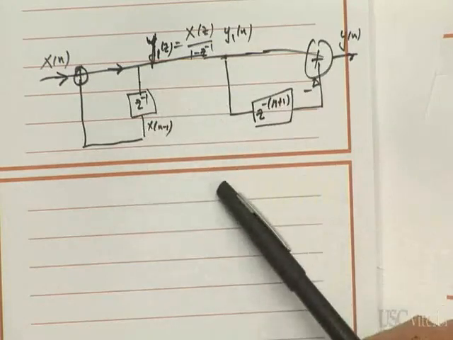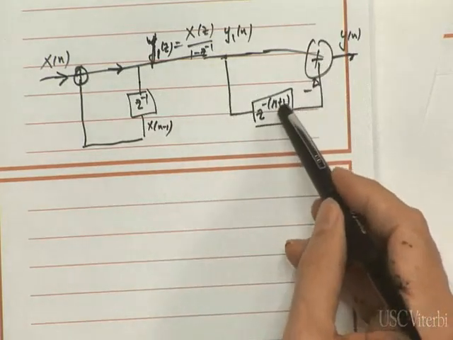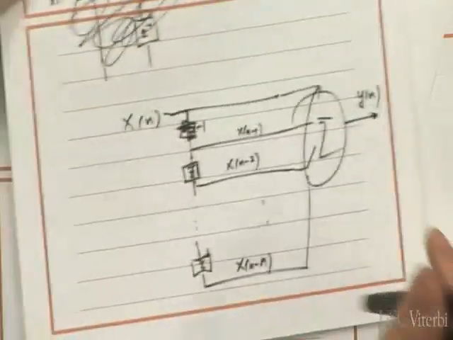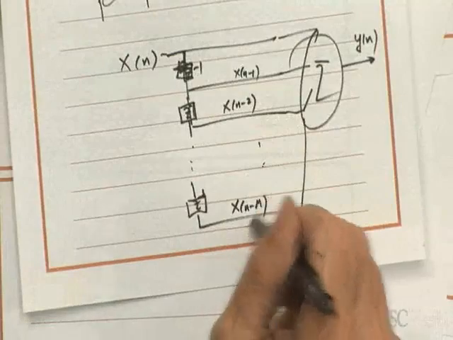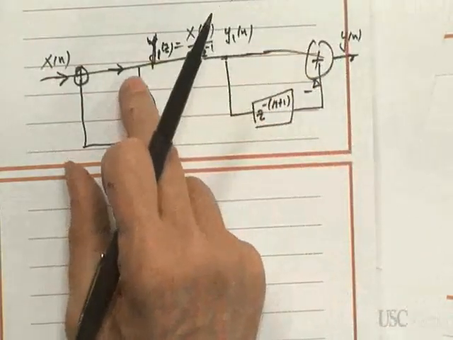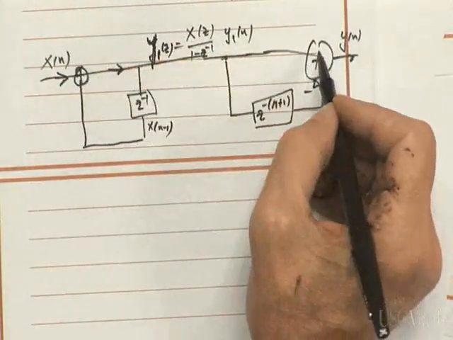So here is another way. Now, it's true that you have multiple delays, but you don't have to do this, where you're tapping all these signals off and summing them. Here you basically have one delay, and guess what? You have one and I think 2 adders.